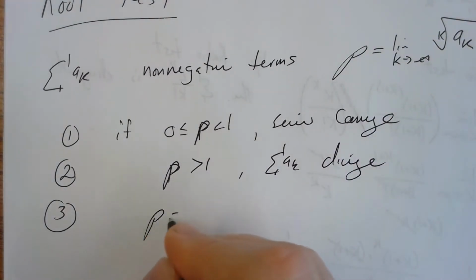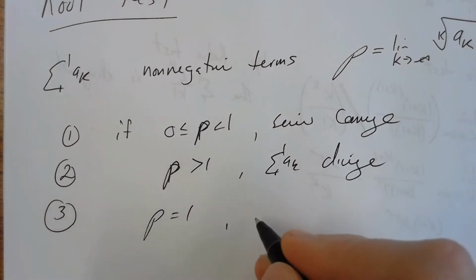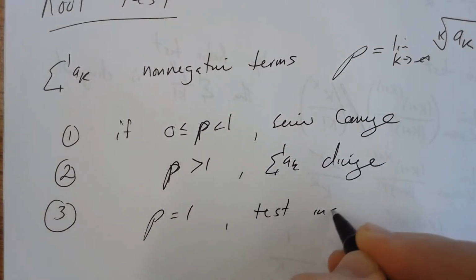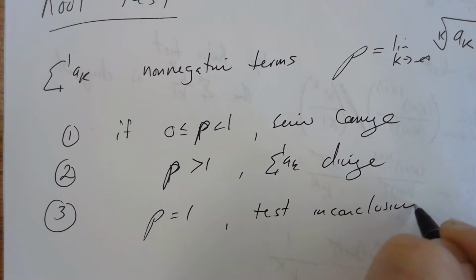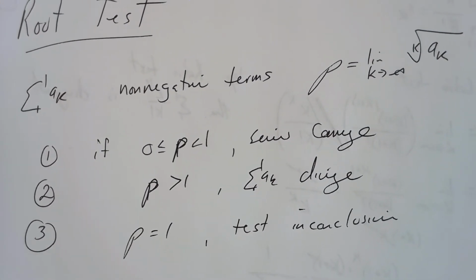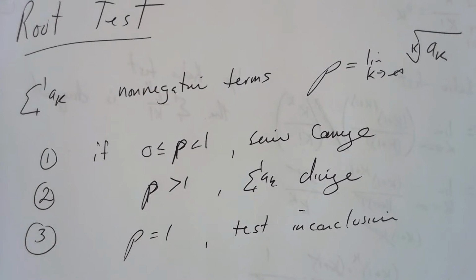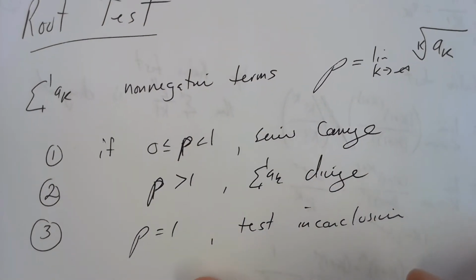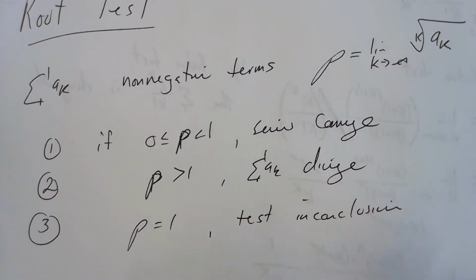And if rho is equal to 1, then the test is inconclusive. If you recall the workings of the ratio test, it was the exact same statements and rules. The only difference was that in the ratio test we had positive terms as opposed to non-negative terms, which isn't really a drastic change.